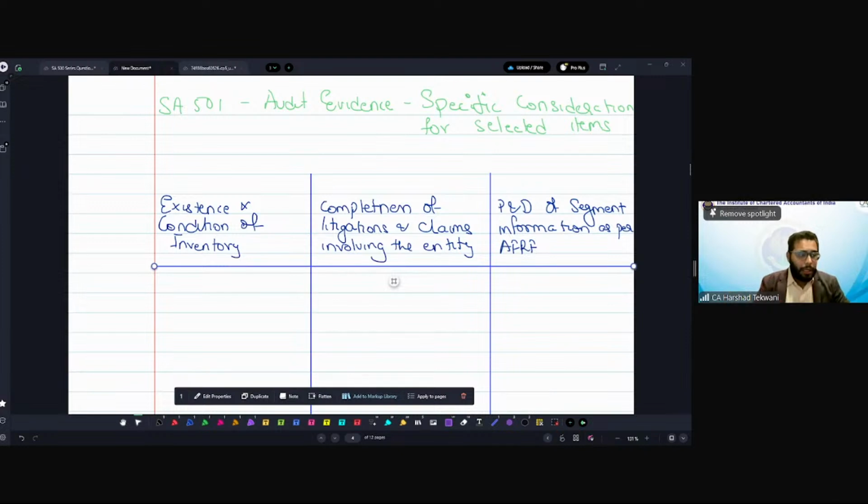If I ask you to test the existence and the condition of the inventory, what will you do? Physical inspection of inventory. Yes. What else?